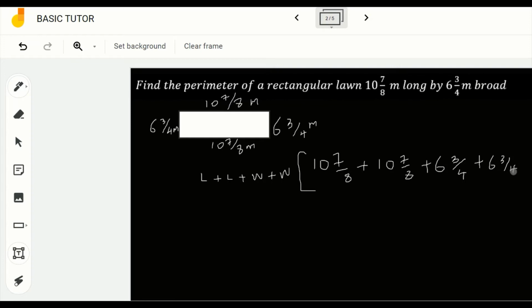All right, so with this we can easily solve to find the perimeter of the rectangular lawn.